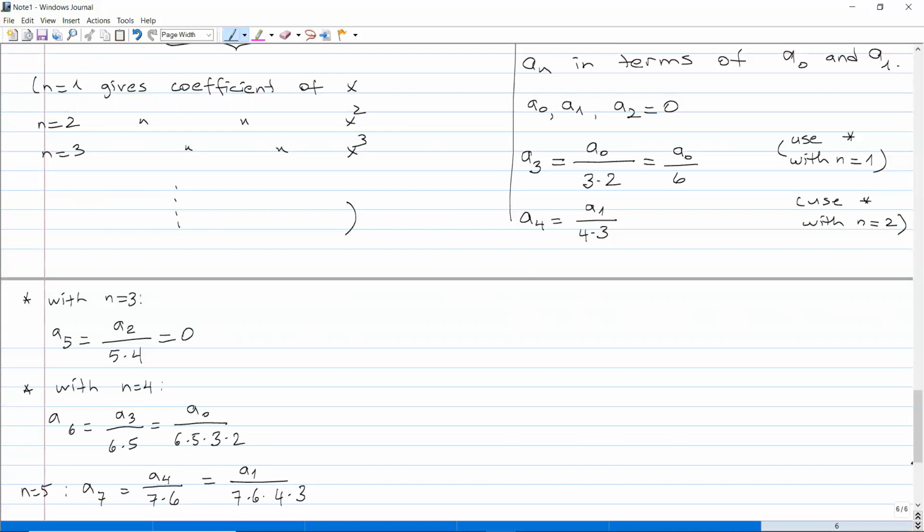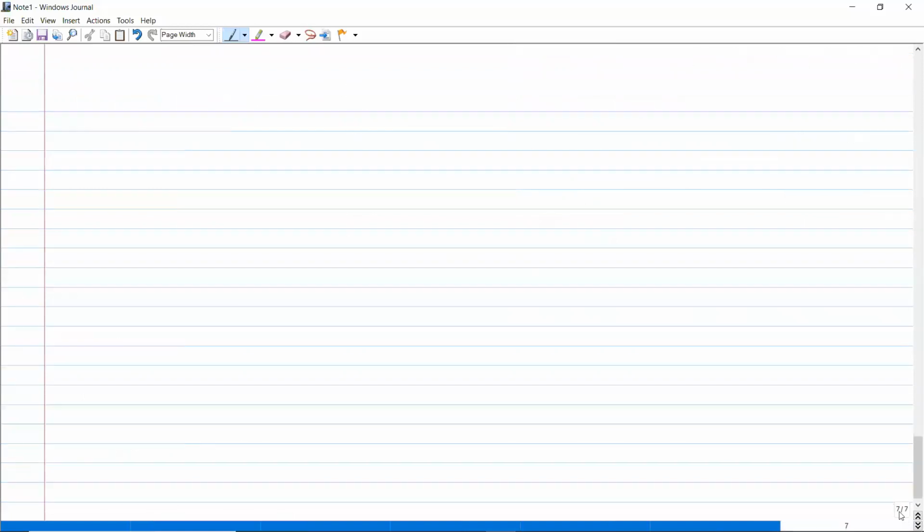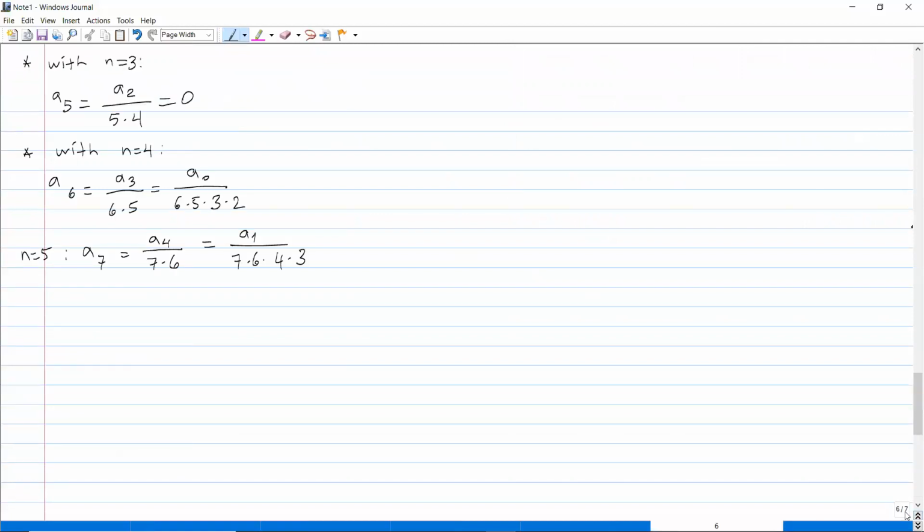So we keep going. n equals 6. a8 equals a5 over 8 times 7. But a5 is 0. So you see, we get the coefficients in groups of 3.